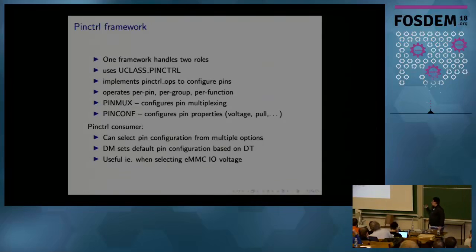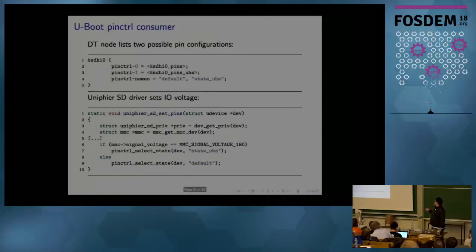Consuming this API is a little different because in this case you do not poke specific pins in the driver, that would definitely not work because different pin control controllers work differently. Instead, in device tree you specify multiple pin control configurations, multiple ways to configure the pins with different properties and associated pin control names, and then in case the driver wants to set one or the other configuration of the pin, you just call pinctrl select state and select the matching state.